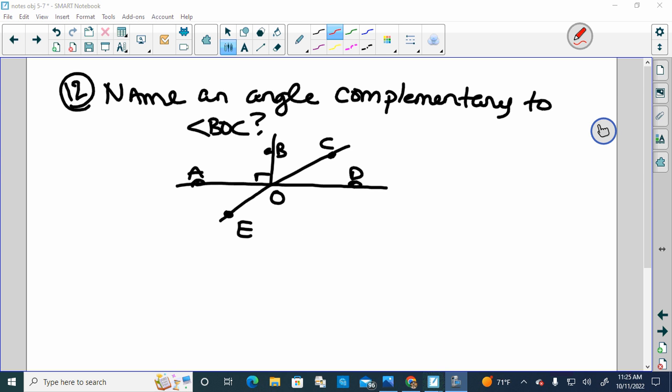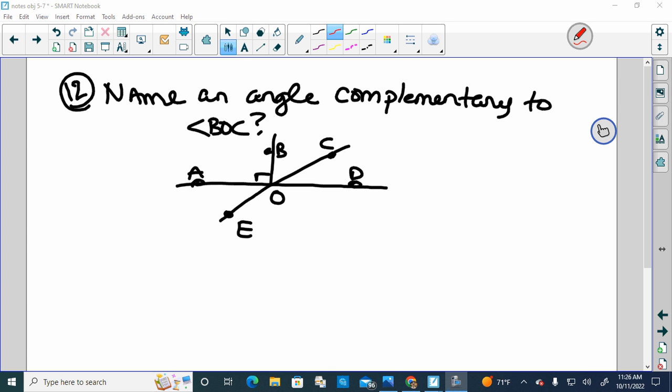Complementary and supplementary were vocab words from a previous section. If you remember this from section 1, which one is complementary? Supplementary is 180, so complementary is 90.